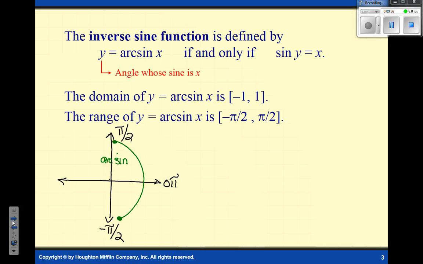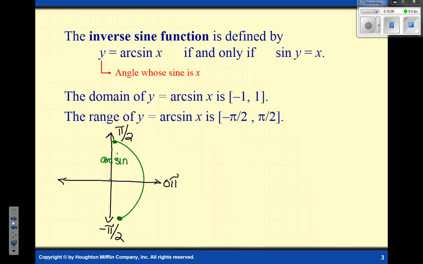However, is 7 pi over 4, which is at 315, is 7 pi over 4 an acceptable answer? Yes or no? It's not. Why isn't it? Why is 7 pi over 4 not acceptable? It's clearly in the fourth quadrant. Pi over 4, 3 pi over 4, 5 pi over 4, 7 pi over 4, fourth quadrant.